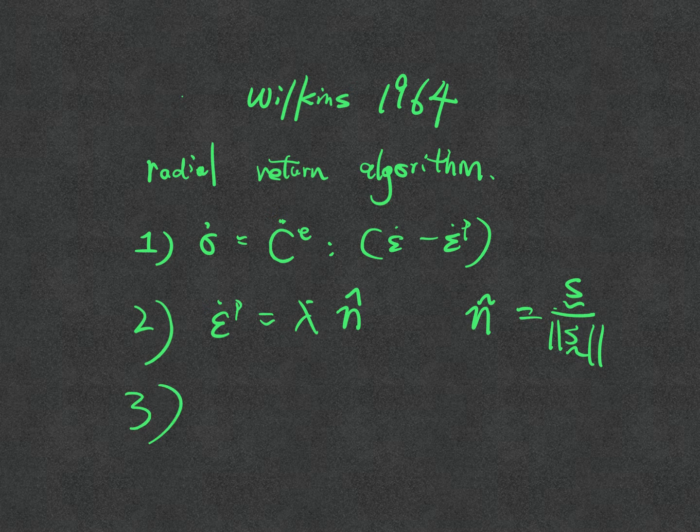And then I have perfect plasticity, so K is equal to a constant, meaning that the yield surface is pinned down there on the pi plane and never moves.